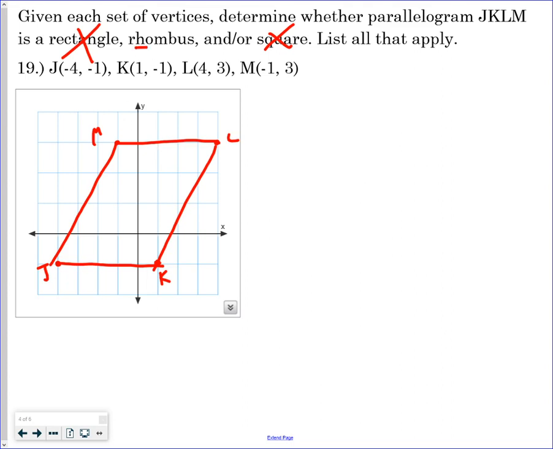So to see if it's a rhombus, what makes something a rhombus? All the sides are congruent, right? So I'm going to go ahead and count ML and JK. That would take like 2 seconds, right? So ML is 1, 2, 3, 4, 5, okay? JK is 1, 2, 3, 4, 5. Well, that's a good start, right?